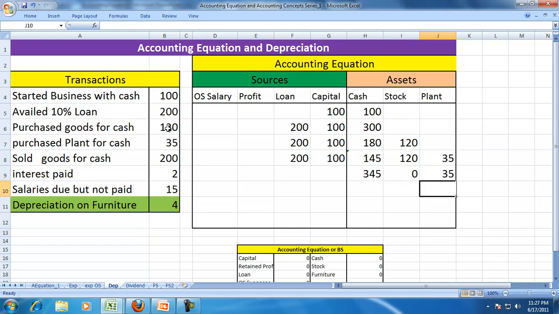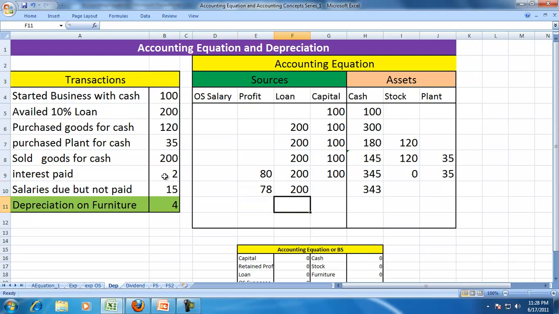No change in the plant as of now, no change in the capital, no change in the loan, but there is a profit coming up, 200 minus 120. Then we are paying interest, so cash will reduce by 2, but since interest is an expense, profit will also reduce by 2.